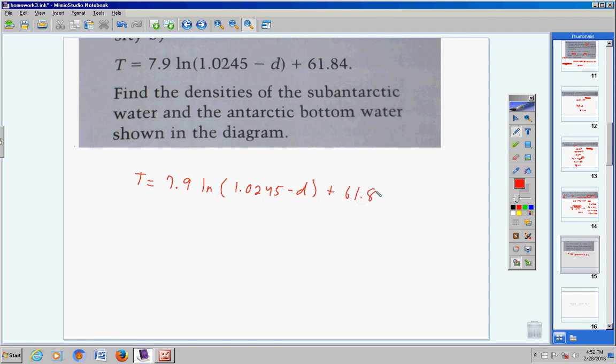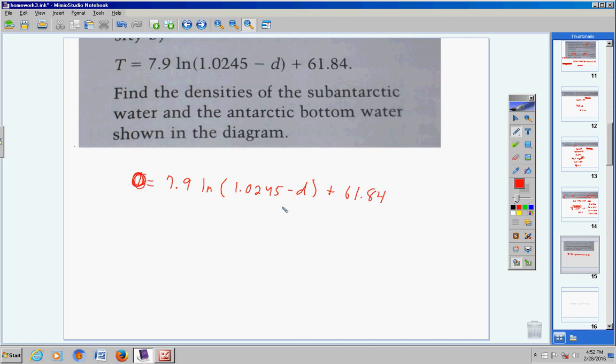Now we have to know the temperature, so if you look at your diagram to the right, the very bottom level is Antarctic bottom water. And look to the right of that, the temperature is 0 degrees Celsius. So for my temperature right here, I'm going to put 0.